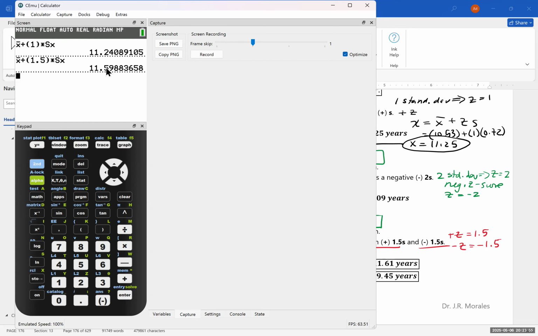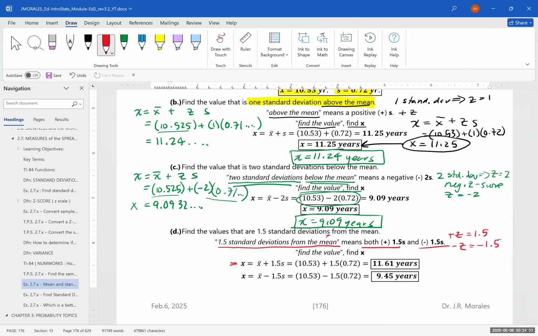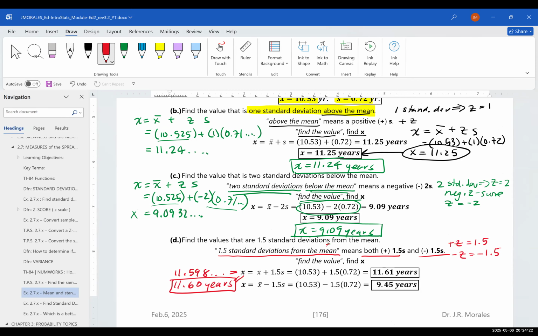Okay, so yeah, we get a different answer, 11.598, and it keeps going. So if we do it fully accurate, we get 11.598, and it keeps going. So that'll end up being rounded to 11.60 years, okay, for this first one. So a little bit different there.